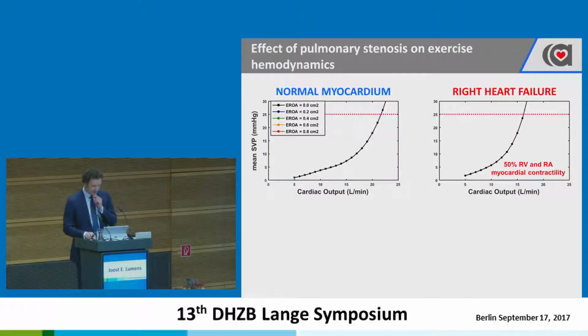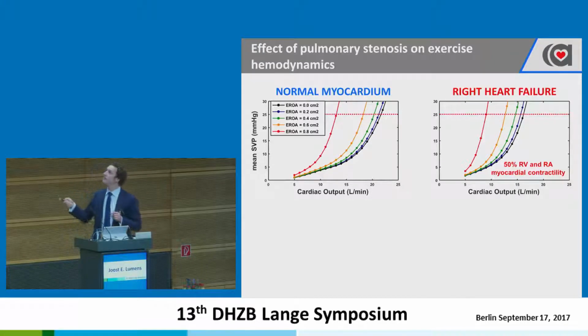That's wrong, sorry for that. But the results are not the wrong ones. And now I see here that the red one is an effective orifice area of 1 square centimeter, so that's a severe stenosis. That dramatically decreases my exercise tolerance, hemodynamic exercise tolerance.